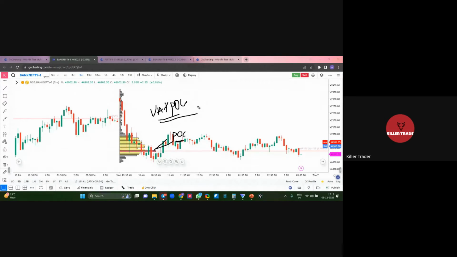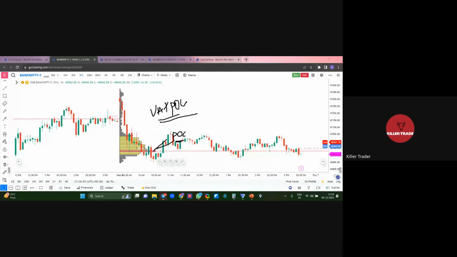Basically, what kind of markets are we trading in, is there a higher probability of the market to go up or come down, and if it goes up, is it going to be smooth or not? So there are multiple insights that a market participant can derive from using volume profile, this value area plus POC.